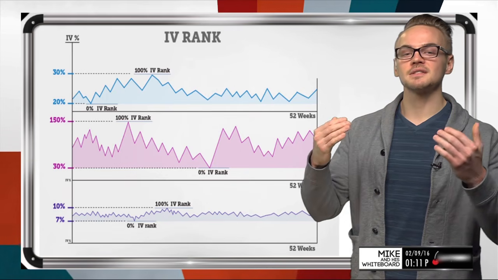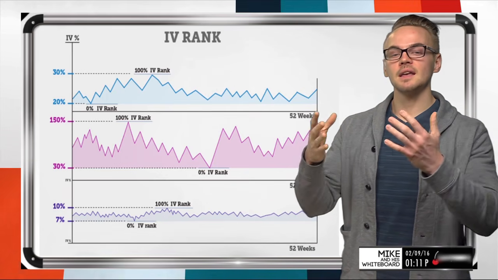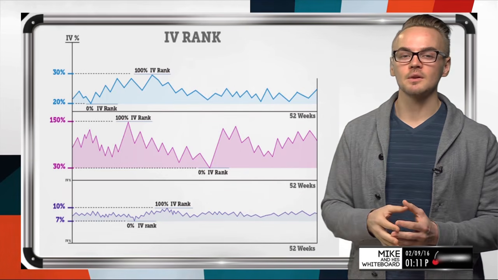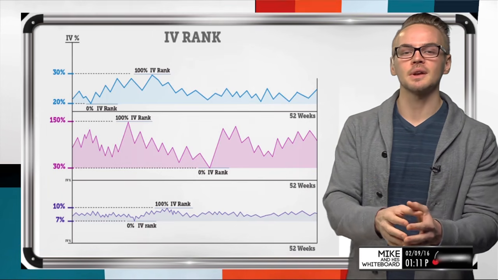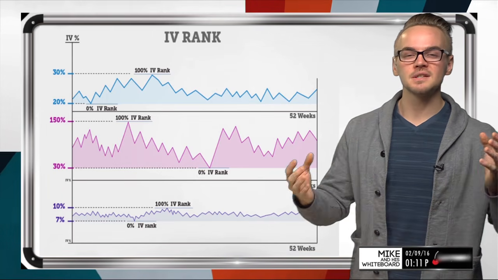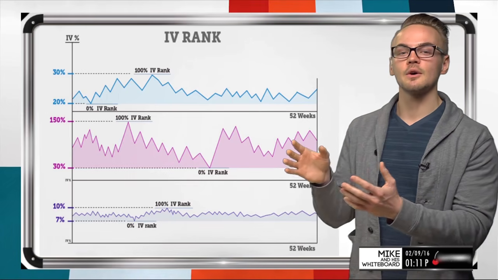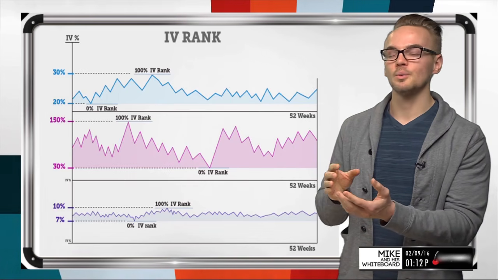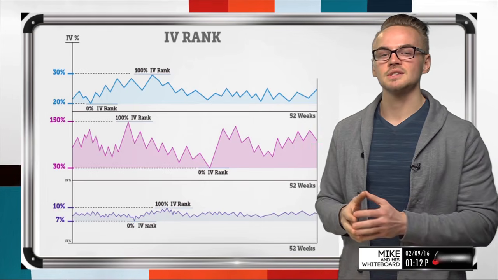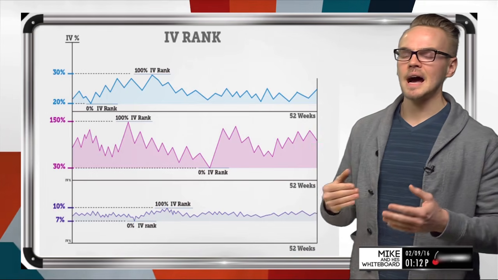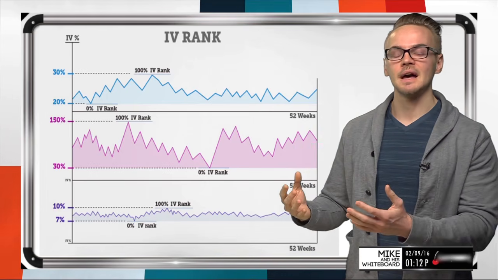If option prices are increasing, the input for the Black-Scholes model, which is the implied volatility, we can't really know that number and input it into the Black-Scholes model. We can take all the other inputs and figure out or get close to figuring out what implied volatility is. But since we don't actually know the implied volatility value, we know that the option prices are dictating implied volatility.